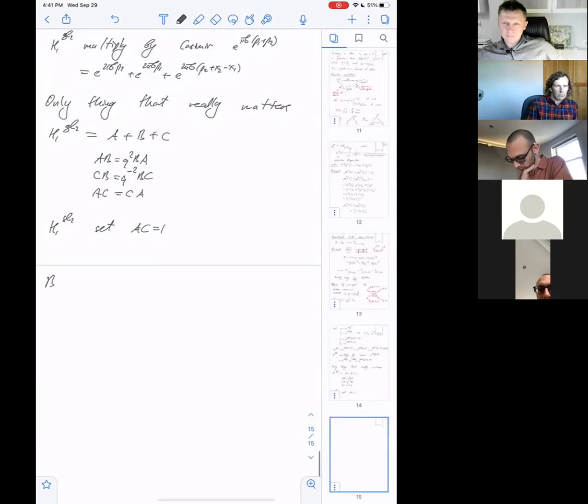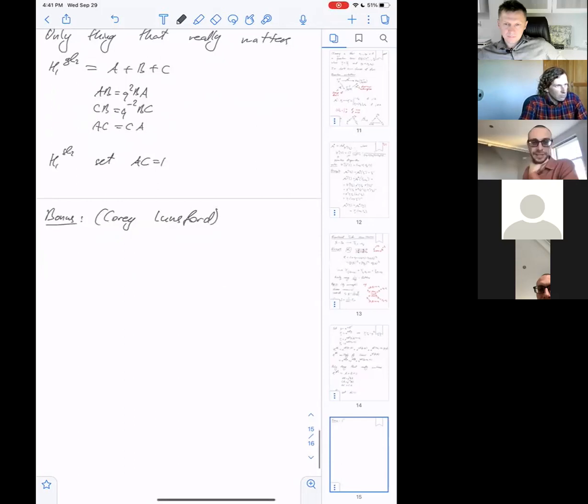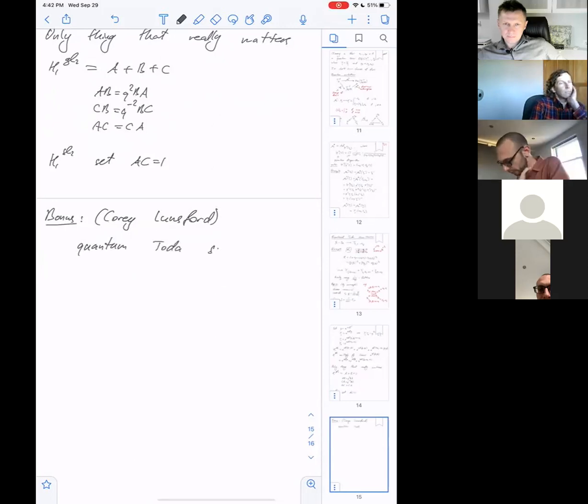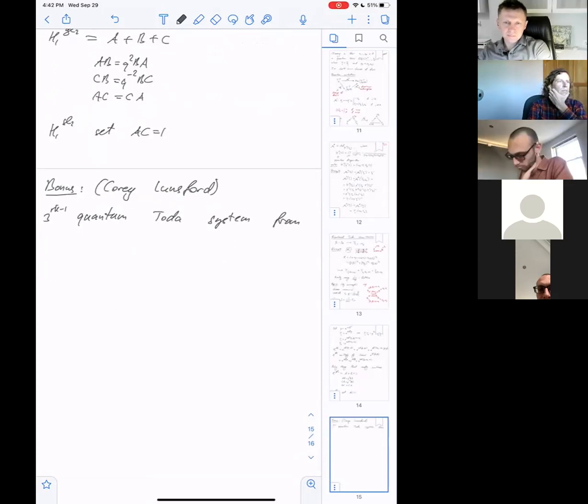And there's a kind of bonus. It's a result of Corey Lunsford, an undergraduate student of mine from Berkeley, fantastic guy. So he explained that this 3 to the rank minus 1 quantum Toda systems from the works of Etingof and Sevastyanov plus Gonin and Cymbaluk.